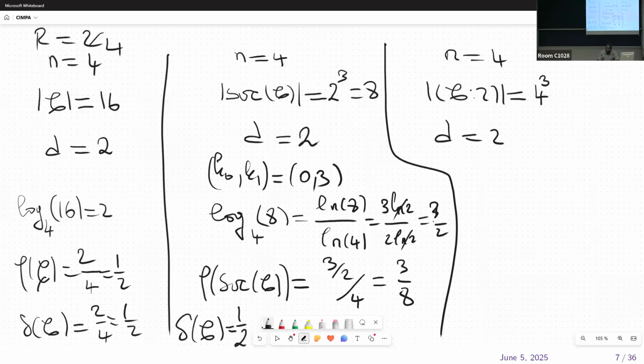Here, you compute 4 to the power 6, which is 2 to the power 3.